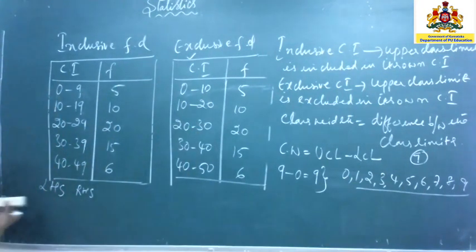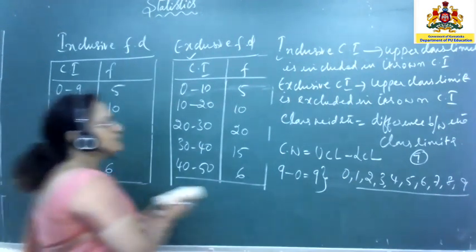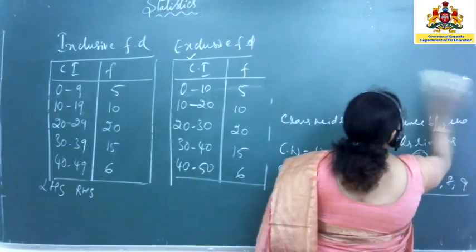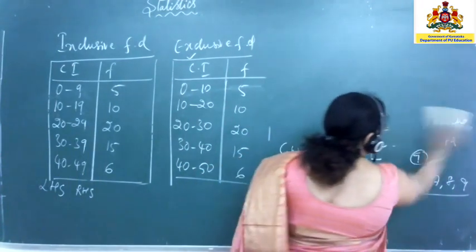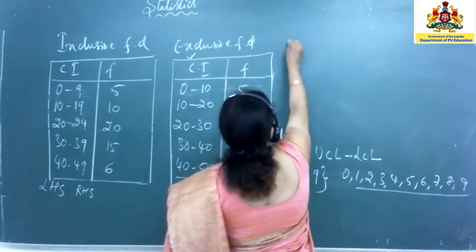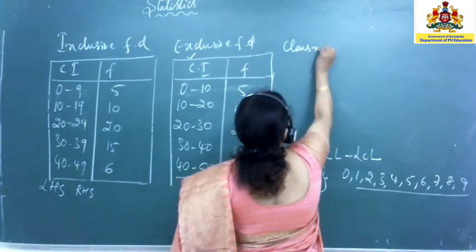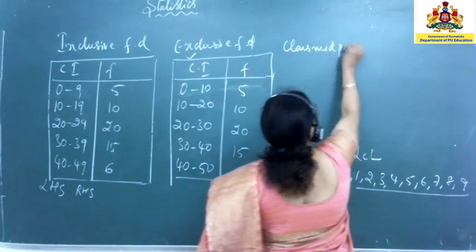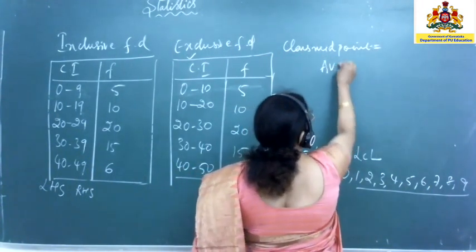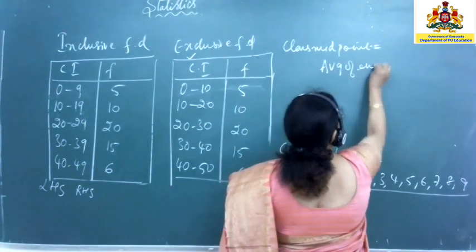Okay. Now next you have what is called the class midpoint. Class midpoint refers to the average of the class limits.